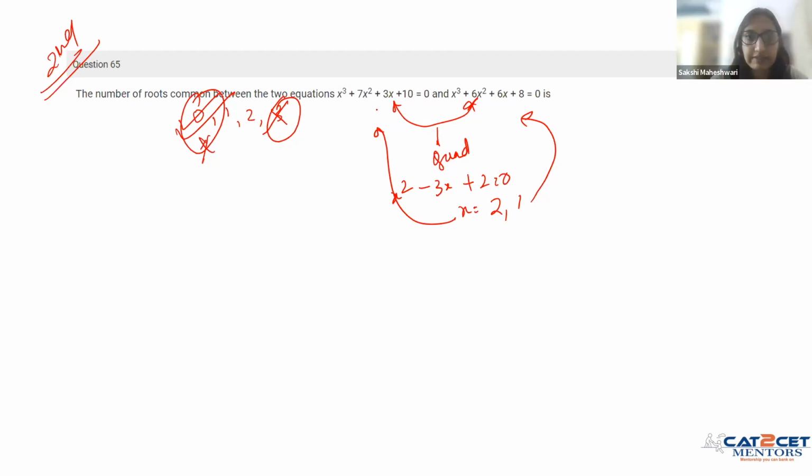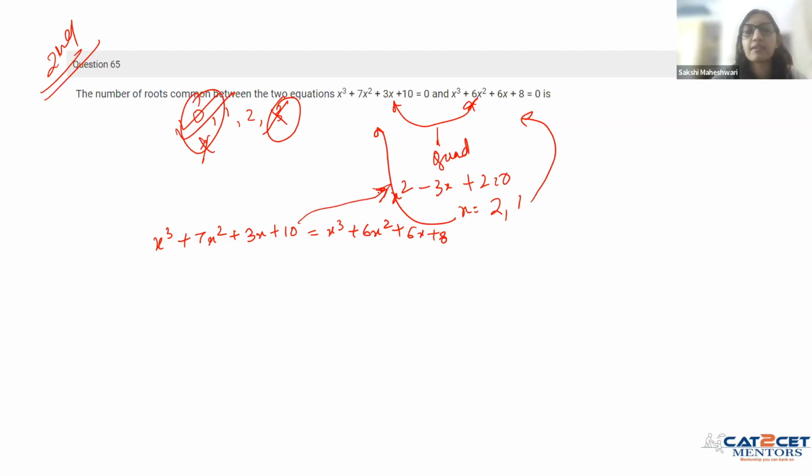So I eliminated 3. Now what I did was I equated these two equations: x cube plus 7x square plus 3x plus 10 equals x cube plus 6x square plus x plus 8. Now this gave me this quadratic.